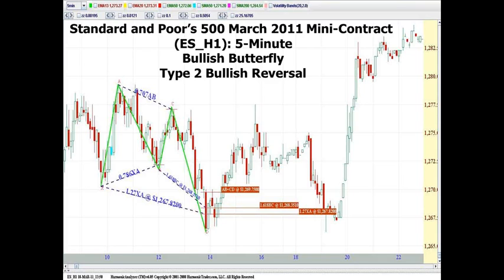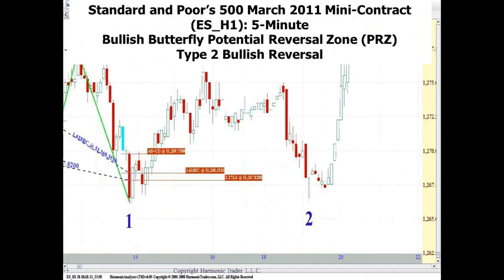This is a real nice bullish butterfly that possessed a type 2 bullish reversal. Now it's important to notice how the price action tested the entire range of support. The pattern completed, experienced an initial and sharp reaction, however rolled over for a secondary test before the major reversal ensued.